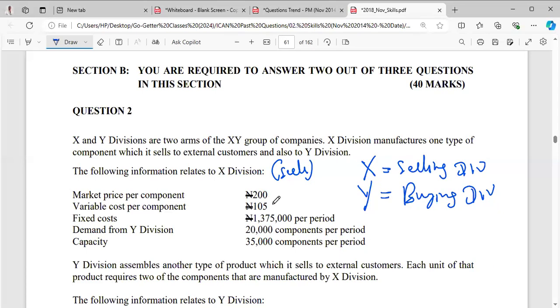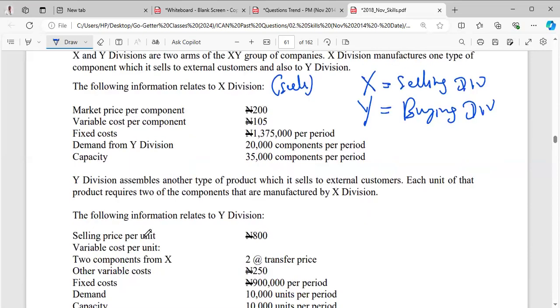The fixed cost for the period is 1,375,000. Demand from division Y is 20,000. Capacity is 35,000. All right, so this is what happens here in X.